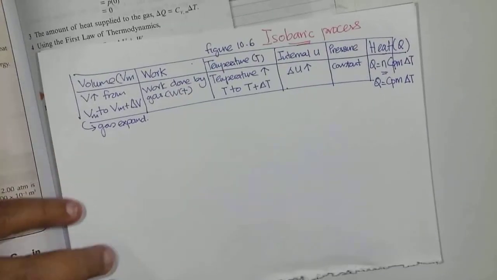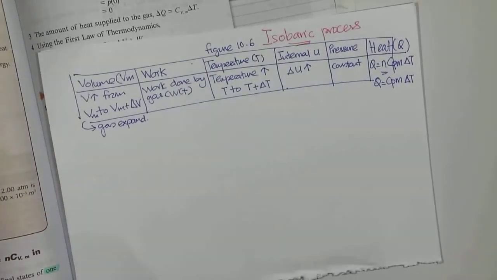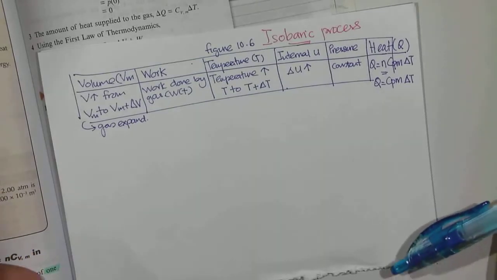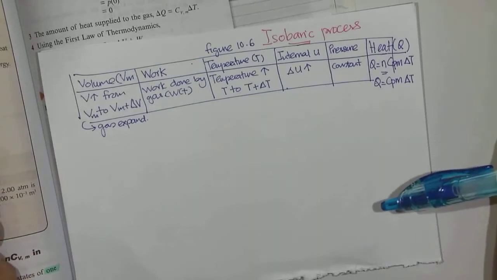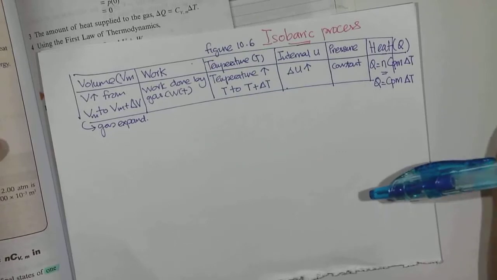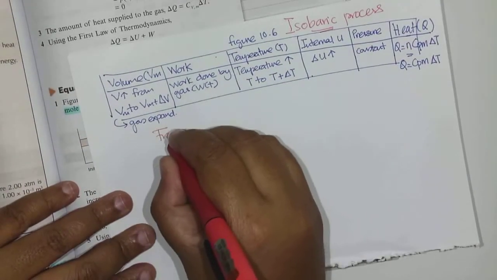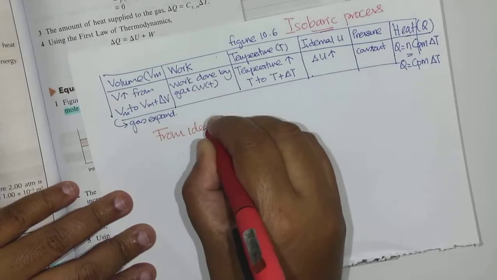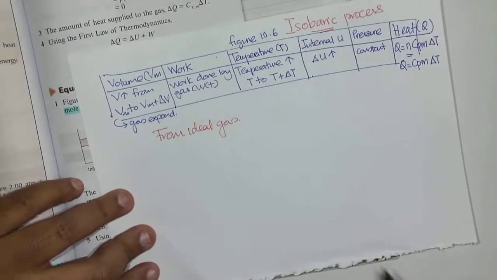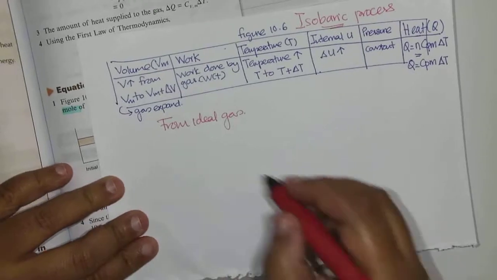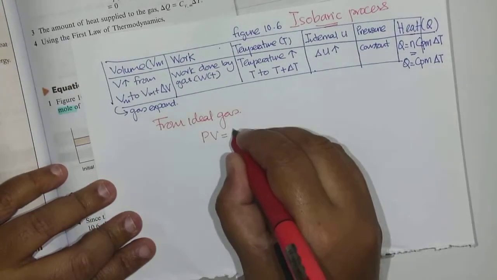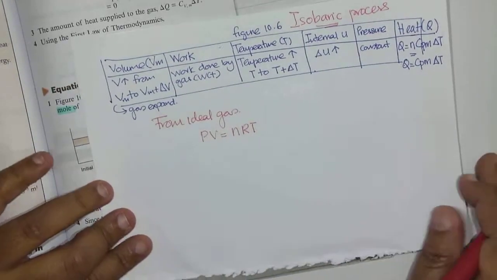Baric is something associated with pressure. Now from the ideal gas law, PV equals nRT, correct?